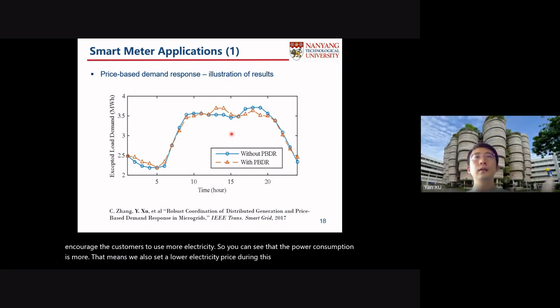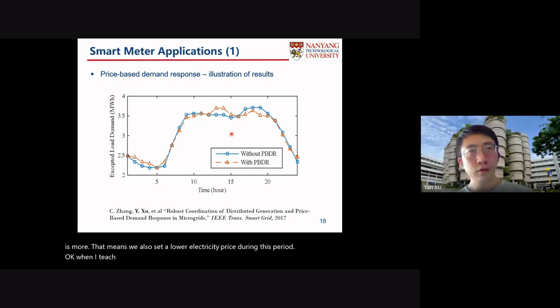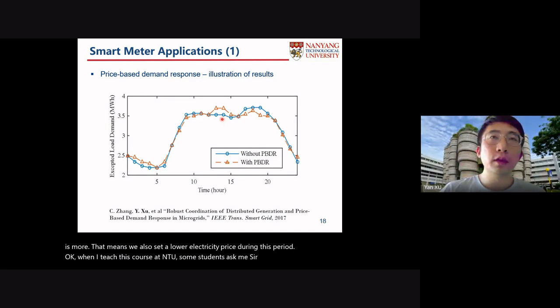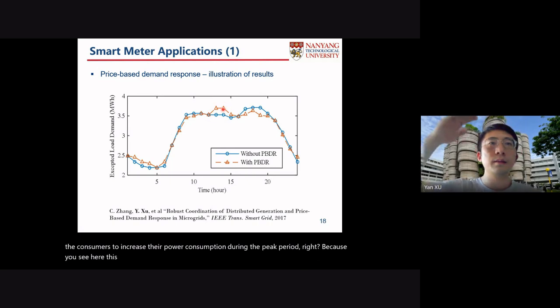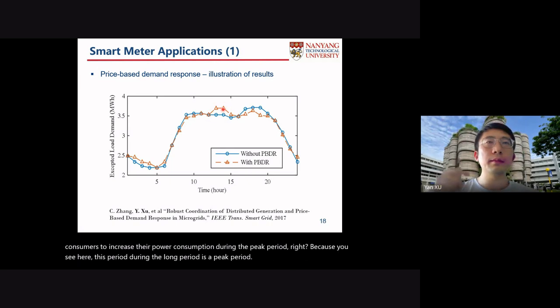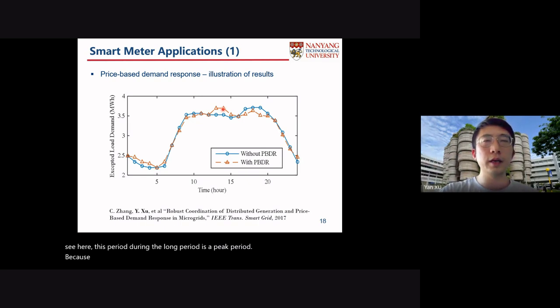When I teach this course at NTU, some students ask me, "Sir, why do we want to encourage the consumers to increase their power consumption during the peak period?" Because you see here, this period around noon is a peak period, and sometimes we want to do peak shaving. We want to shave the load during the peak period, so why would you want to increase the load?